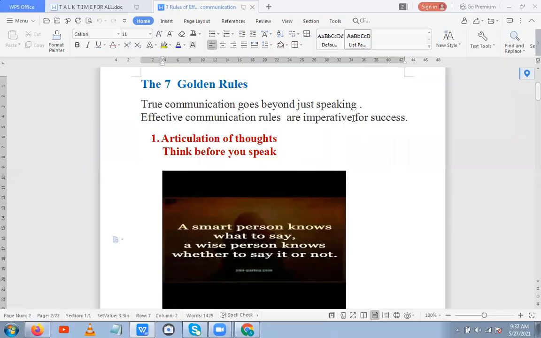Number one, the first rule, is articulate your thoughts. Articulation of thoughts. Think before you speak. So articulation means thinking before you speak.